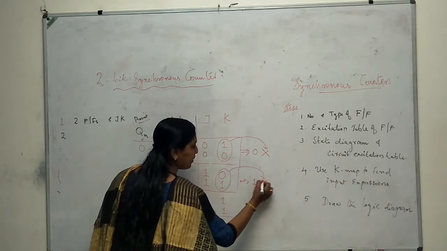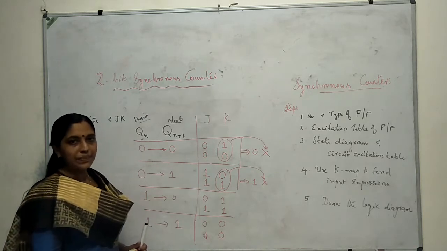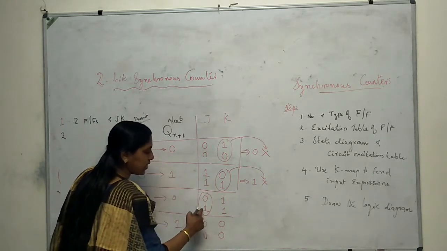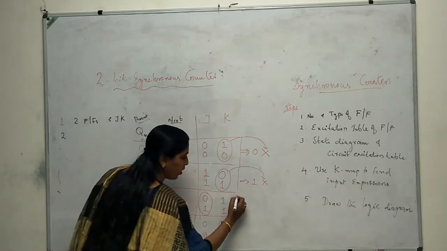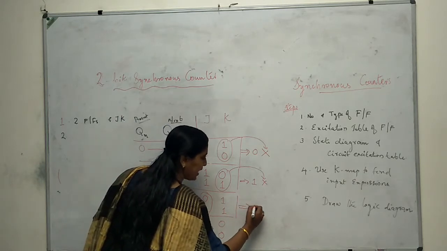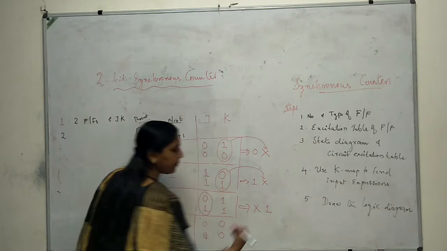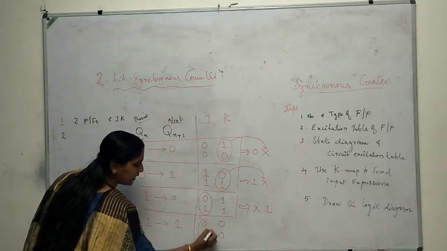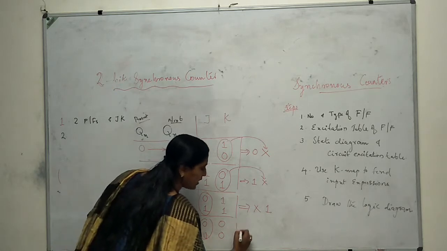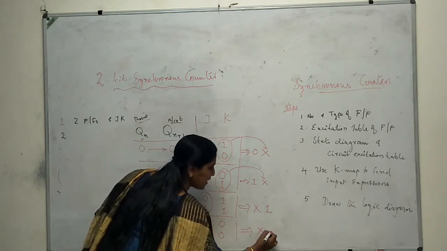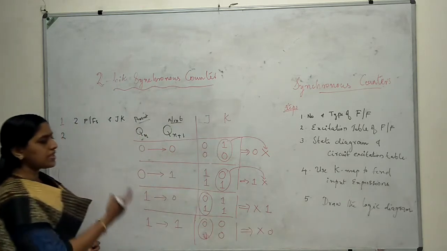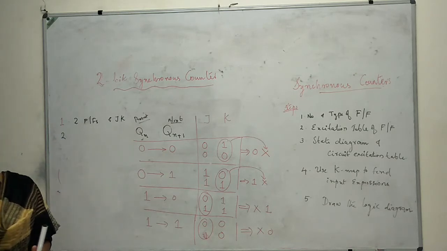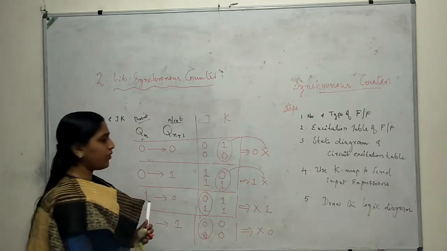Here J is changing and K is 1, so we can take it as x1. And here J is changing and K is 0, so this can be taken as x0. So this is the excitation table for the JK flip-flop.